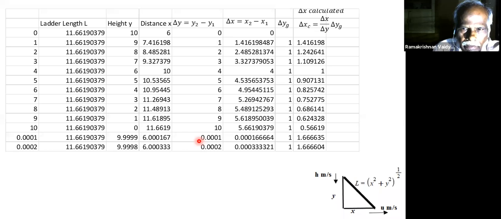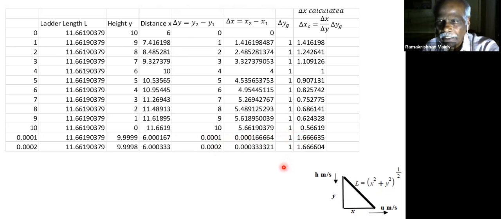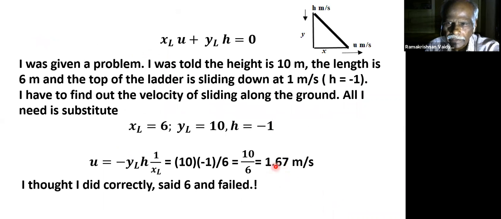Therefore, for a delta y of 0.001, the change in x is 0.000167. Therefore, for a given value of 1 meter per second, I just have to take it as 1 divided by 0.001 multiplied by 0.000167. The answer is 1.667, which is the same as the value that I got here.